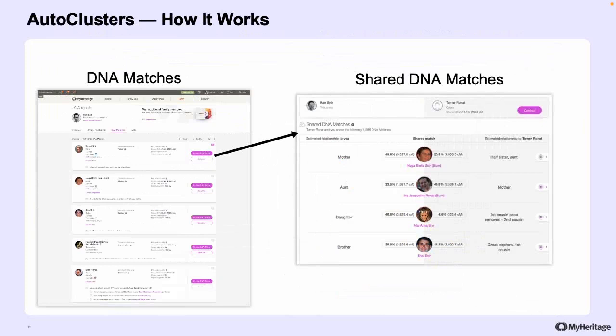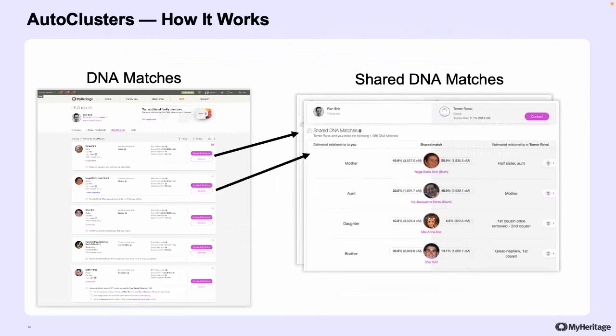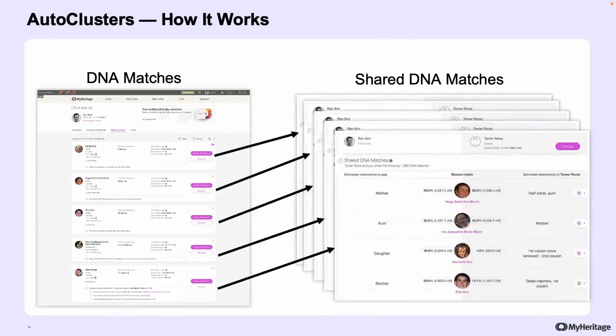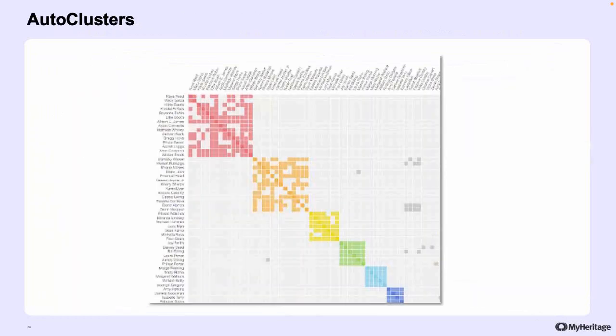So this tool goes to your DNA matches list, looks at the shared DNA matches, and creates groups for you. And these are the groups of people who share a DNA match with one another. So we look at each DNA match, we look at their shared DNA matches, and we create these clusters.